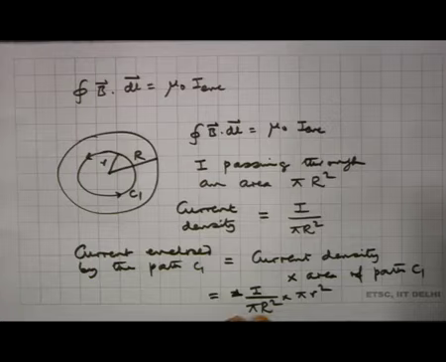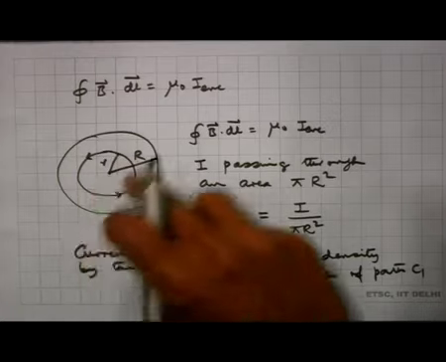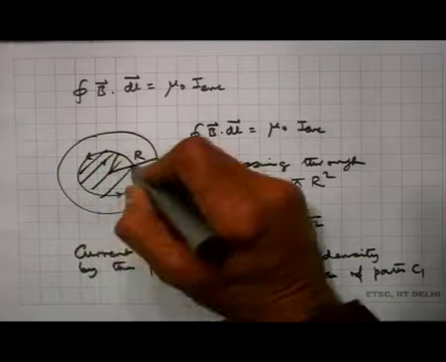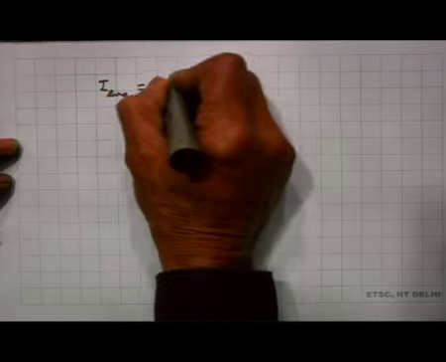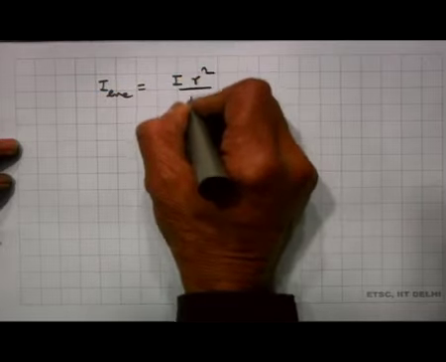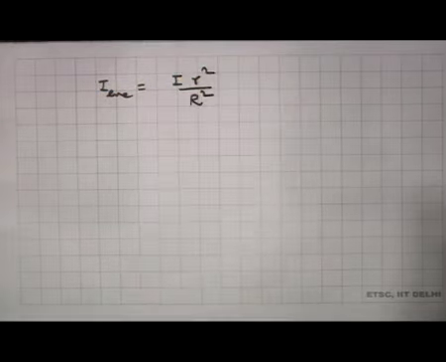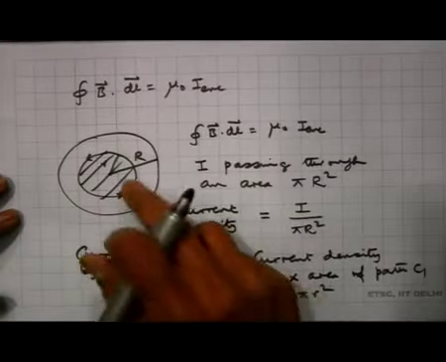I by pi R square is the current density, multiplied by the area enclosed by the circular path, and I get this. So, the current enclosed is I times small r square by capital R square.